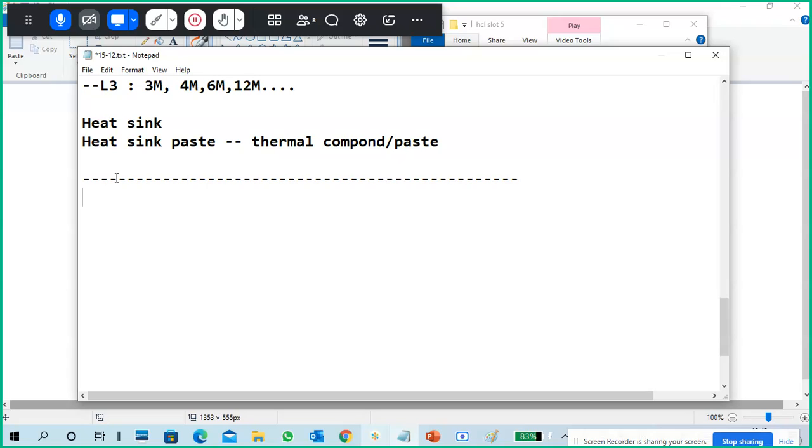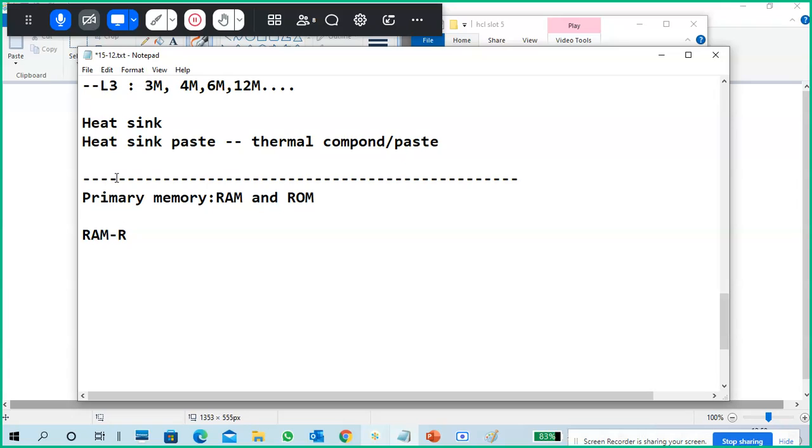So what is the RAM and ROM? Here it is, primary memories. What are the primary memories? One is RAM and another one is ROM. What is RAM?